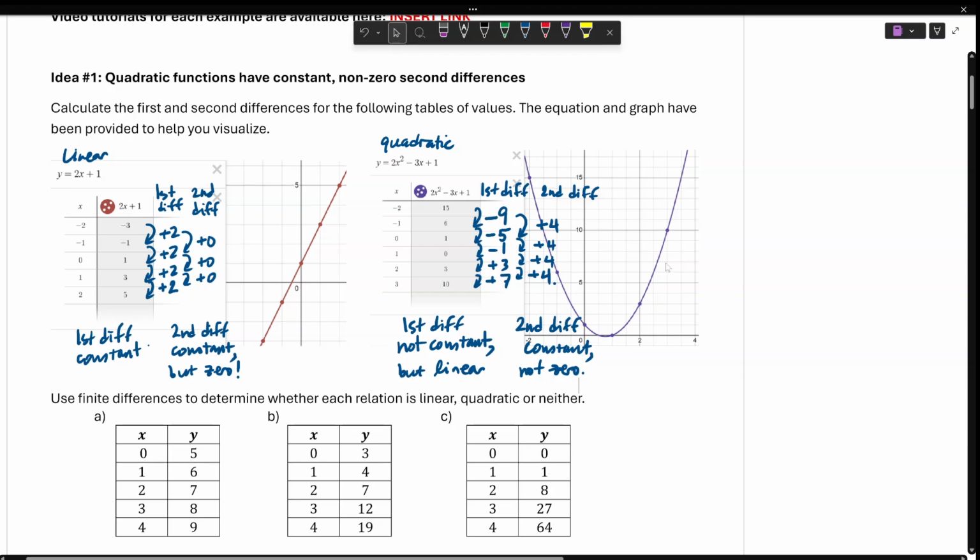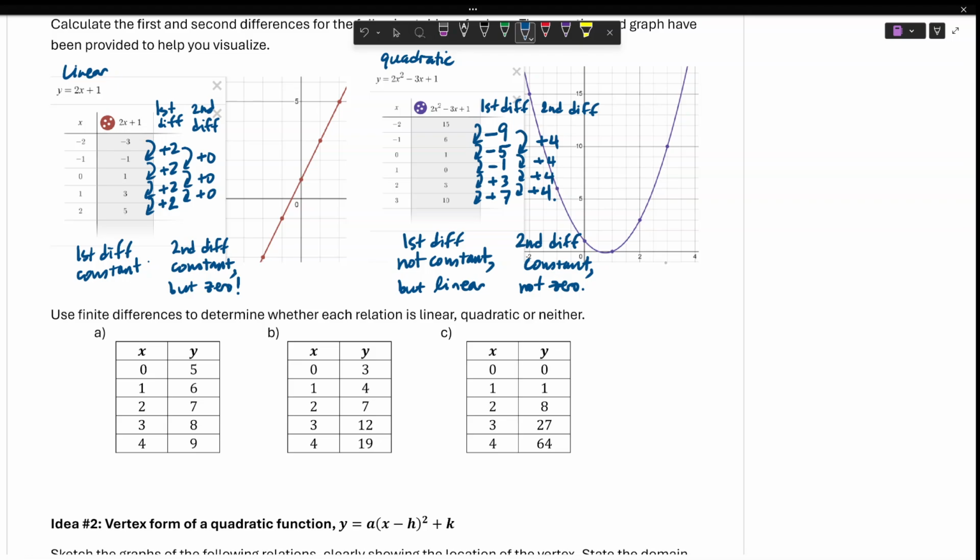So let's take a look at these 3 examples with the table of values down here, A, B, C. The first one, you have 0, 5, 1, 6, 2, 7, 3, 8, and 4, 9. And we're going to look at the first differences.